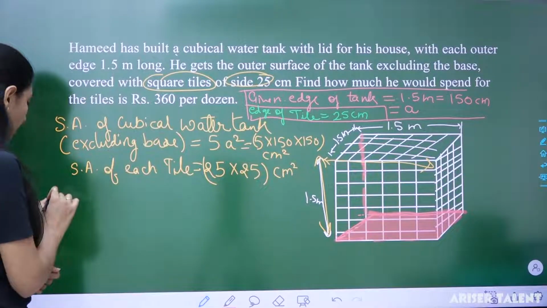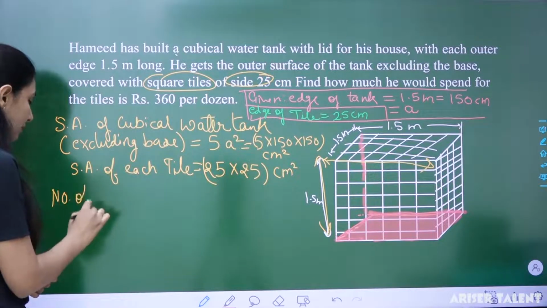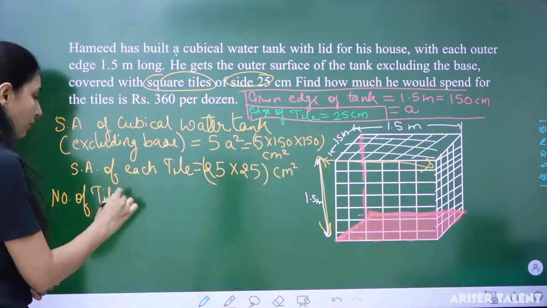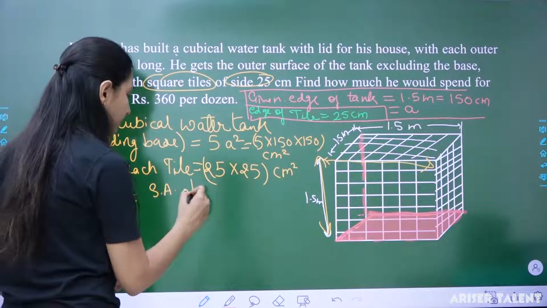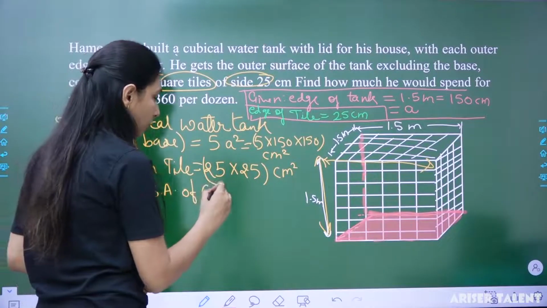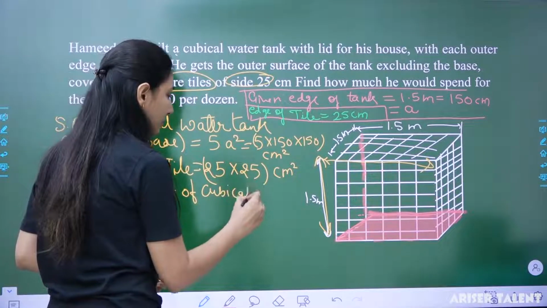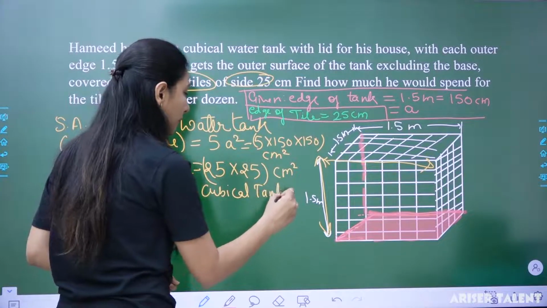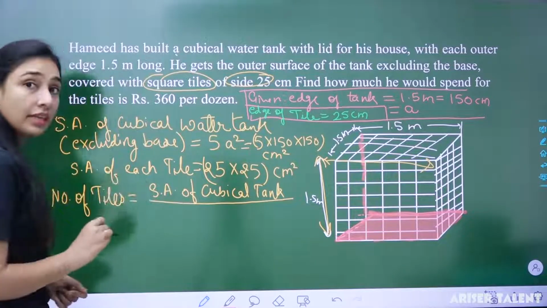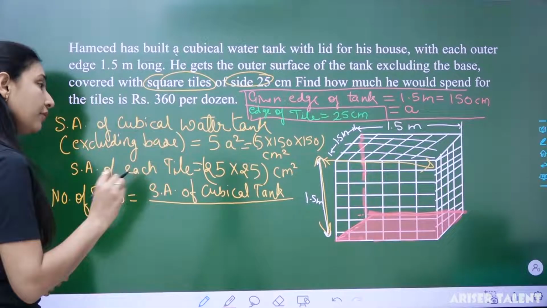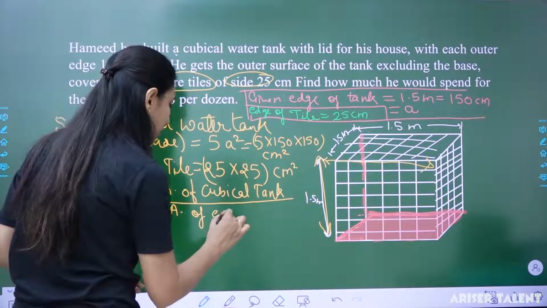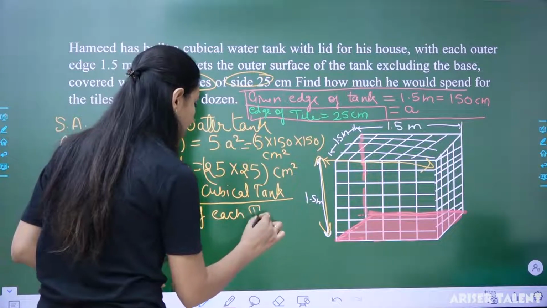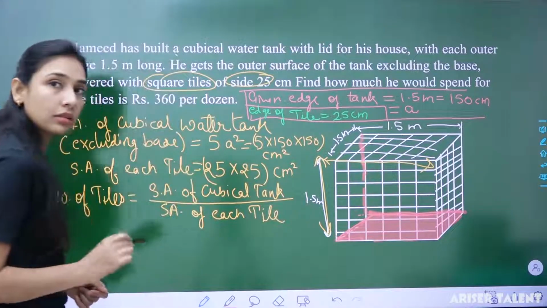Okay. So number of tiles will be equal to surface area of cubical tank divided by surface area of each tile. Understood?